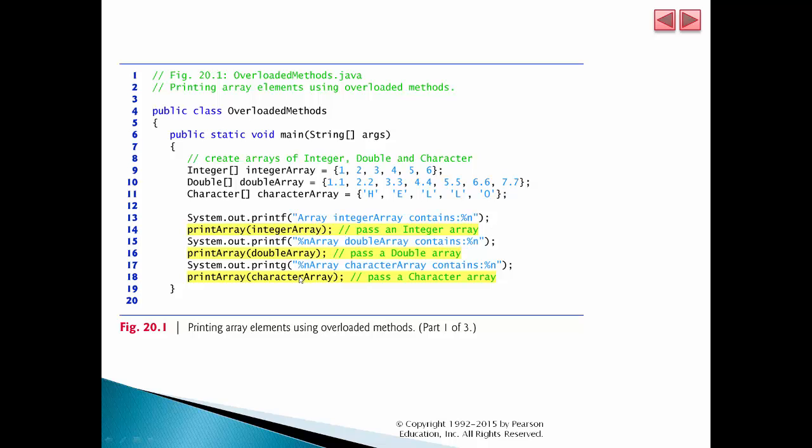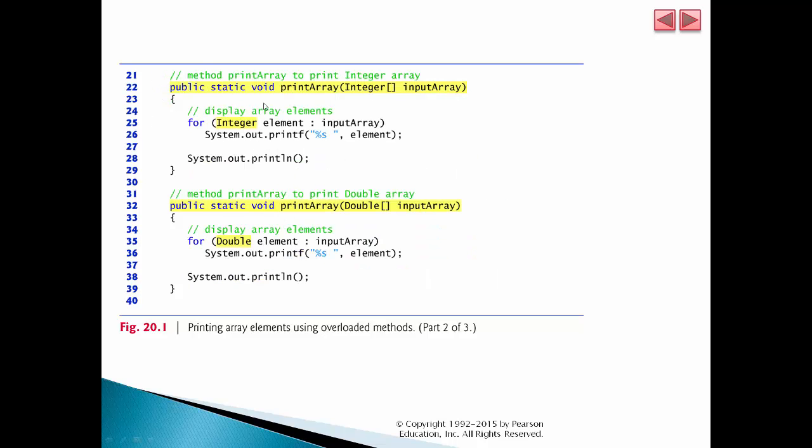So if you would like to implement this method for integer, double, and character, you have to do method overloading. You create a print array method, and the input is now the array of integers, and you're iterating through integer elements here, right?